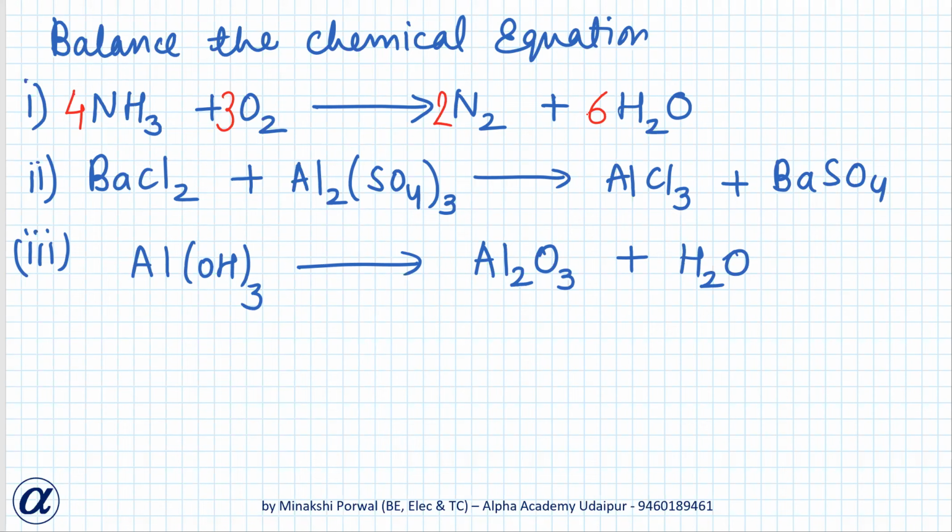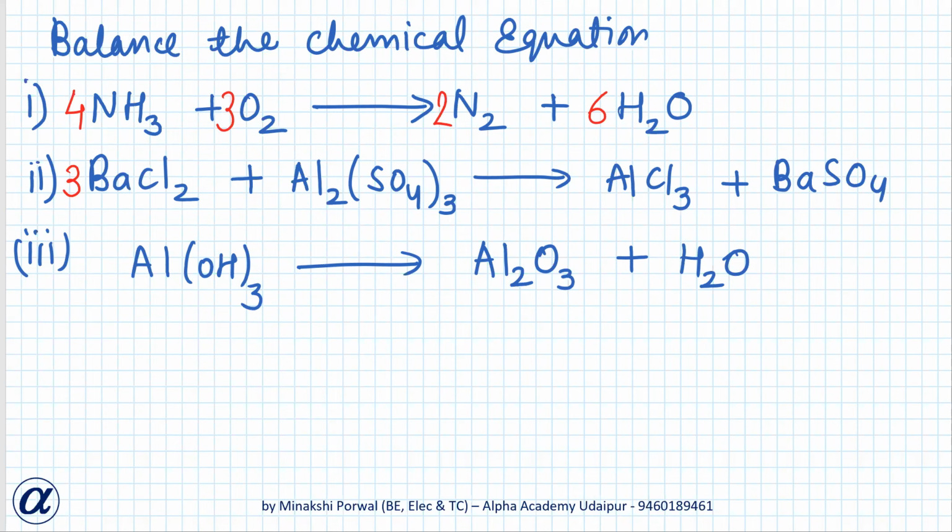Then next one. Okay, Harini, you tell me next one. Ma'am, 3BaCl2 plus Al2(SO4) whole thrice gives 2AlCl3 plus 3BaSO4.